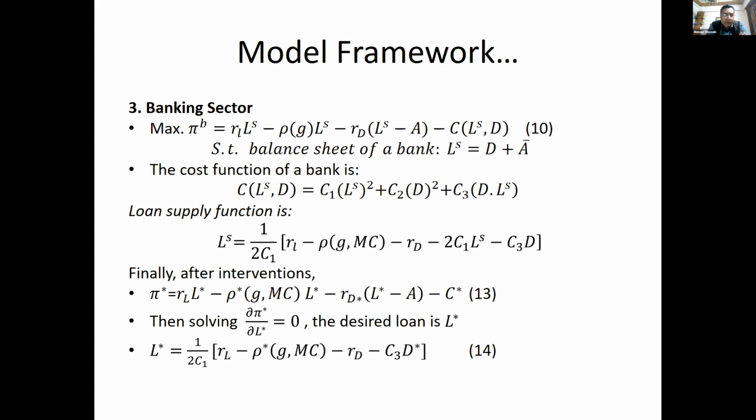And finally, we get L star like this. So again, this L star and LS, the two types of loan demand and loan supply, exist in the banking sector at this moment.